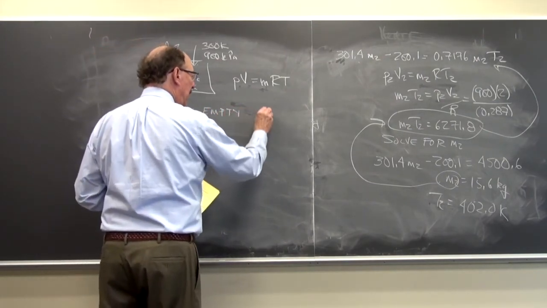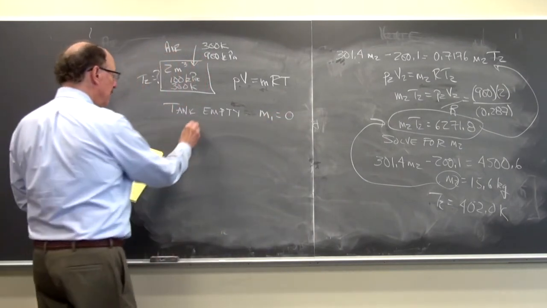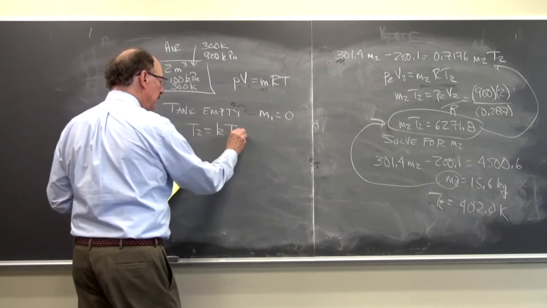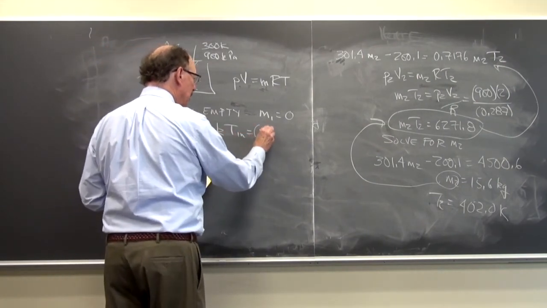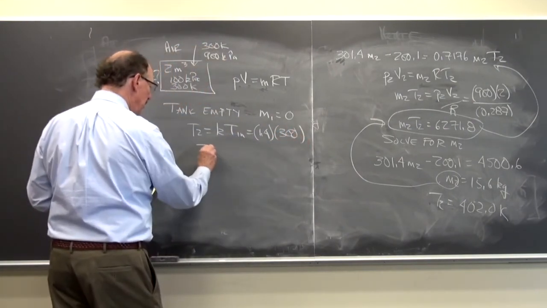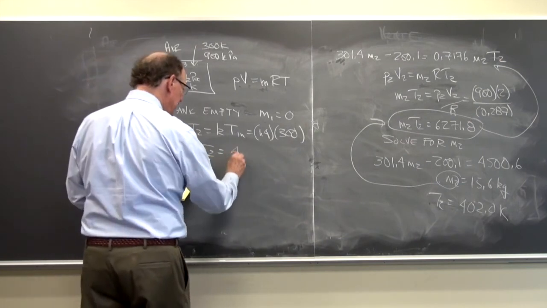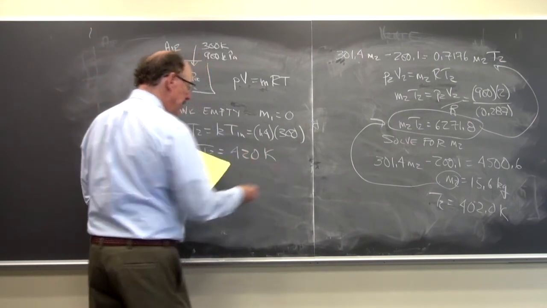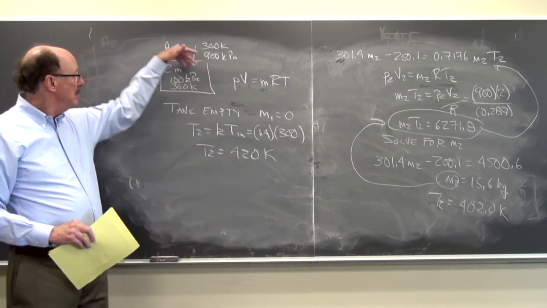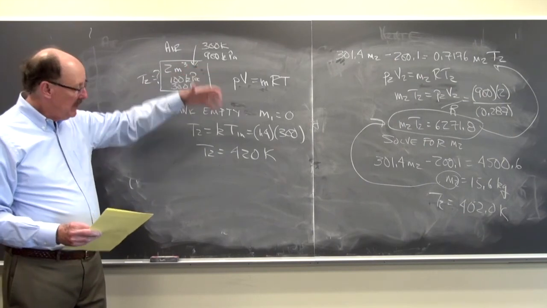So M1 equals 0. And in that case, T2 is equal to K times Tn. So it's 1.4 times 300, or T2 would be equal to 420 degrees K. So the temperature would be higher if the initial tank were empty and I charged it. So that's what we have.